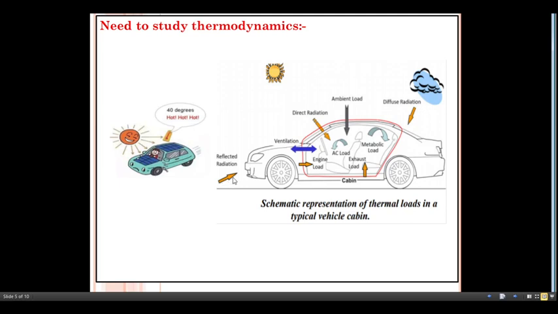The different loads are: the ambient load, the AC load, the engine load, and the metabolic load. Then radiation occurs from different directions, and because of this certain changes occur inside the cabin. So this indicates the schematic representation of thermal loads in a typical vehicle cabin.